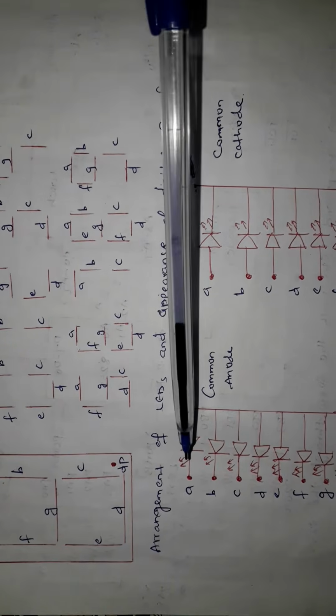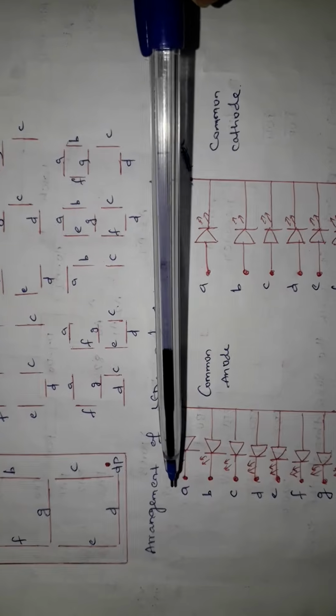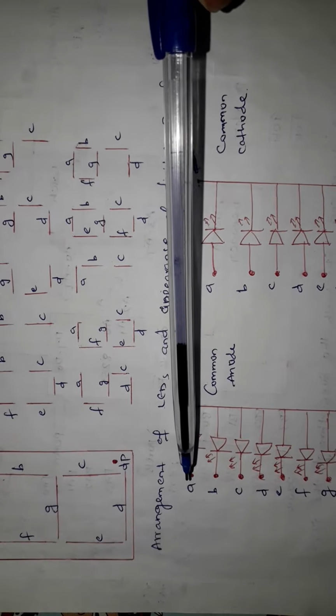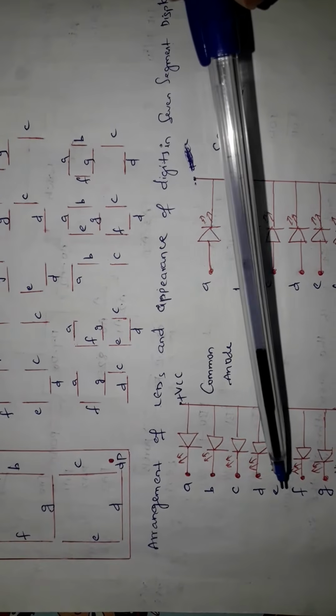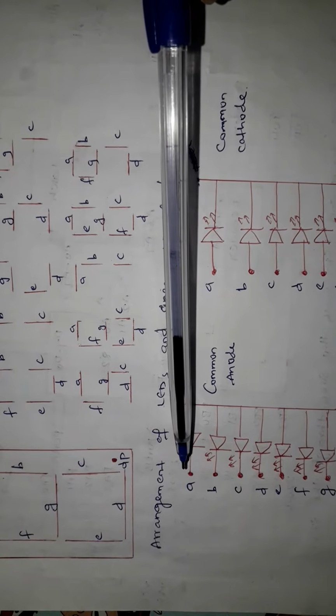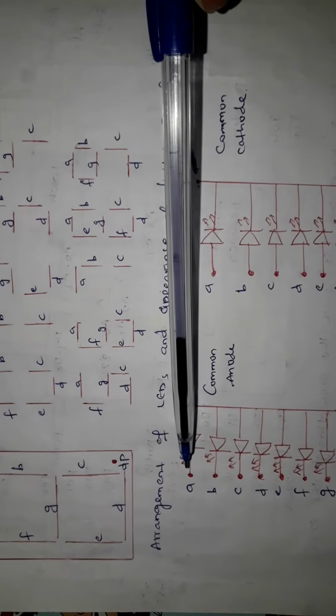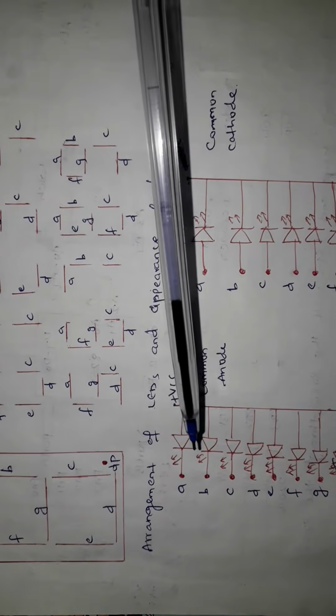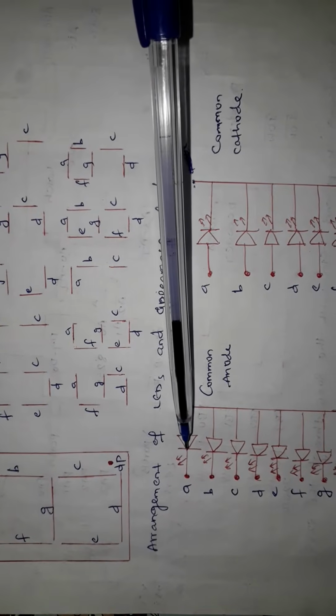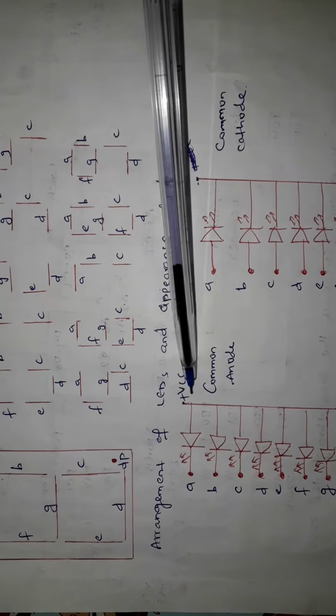Whereas the cathode terminals are all connected to the input pins A, B, C, D, E, F, G. If a value 0 is written to A, then the cathode terminal goes low, or negative, while the anode terminal is positive.